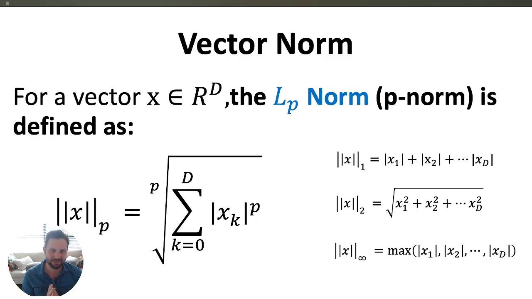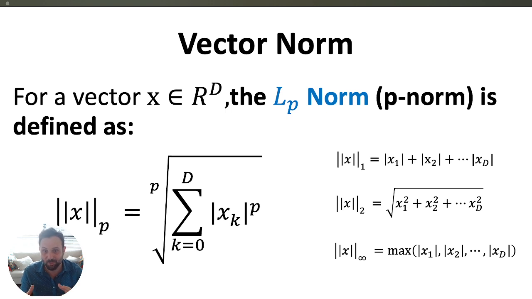When you take p to infinity, we are taking the infinite power of all of the indices. So they're fighting with each other.